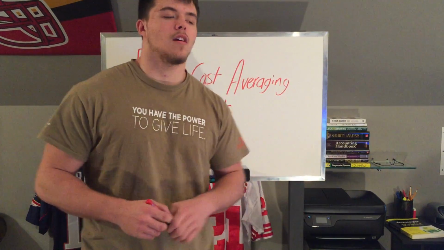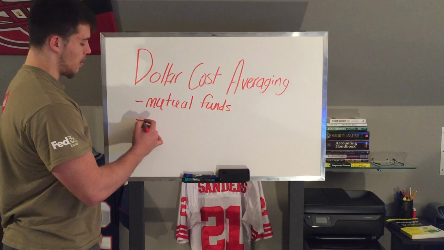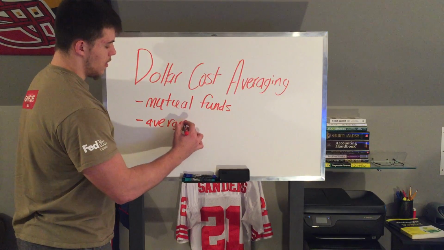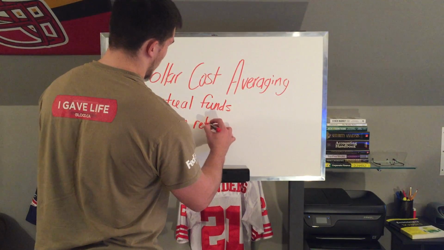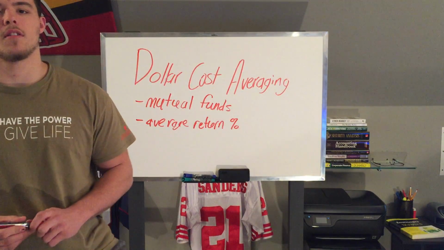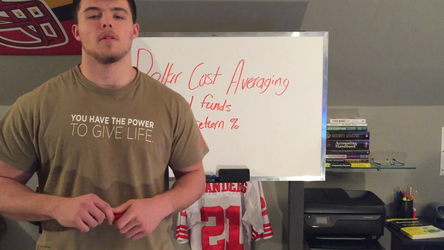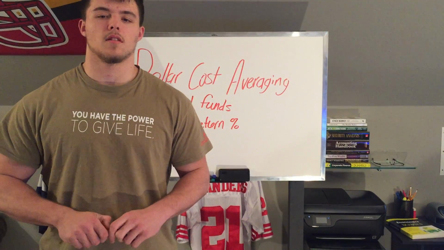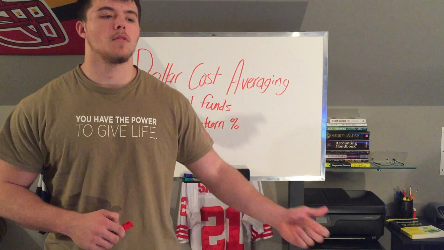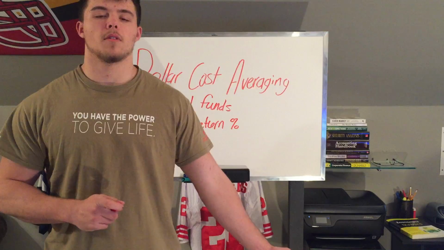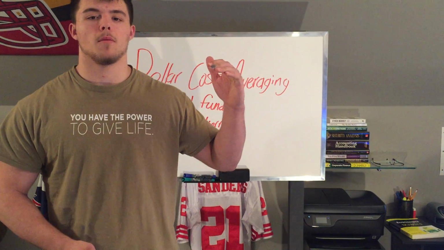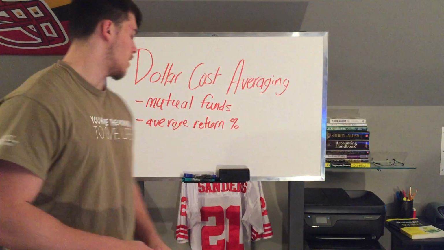So what dollar cost averaging does for you over time is it gives you the average return rate automatically, because you're buying in at all times, whether the fund is expensive or cheap relative to its pricing. So if it's cheaper, you're going to accumulate more shares, like I said. And when you accumulate those shares at a cheaper value, those shares are going to appreciate at a higher value than those shares that you bought at a more expensive price. So let's look at an example here.